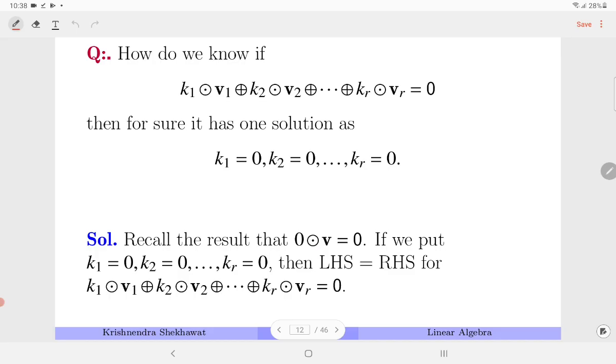So if I replace k1, k2, kr by 0, then the left hand side becomes the 0 vector and the right hand side is also the 0 vector, and therefore for sure this vector equation has the trivial solution. But if it also has a non-trivial solution, then we say set S is LD, linearly dependent. Otherwise we say the set is linearly independent.